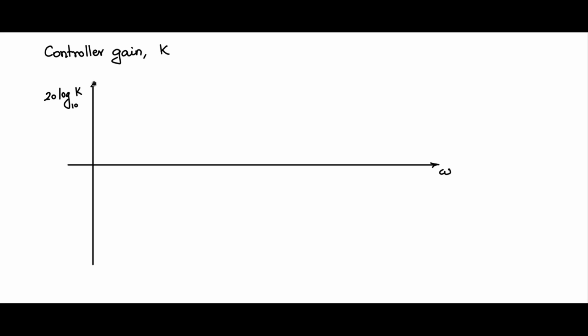If you start from here, let me draw a gain curve K like this, which means it is going down at minus 20 dB per decade. So here it is infinite, and this type of shape of the gain curve is given by our familiar integrator, which is written as 1 by s as a transfer function.